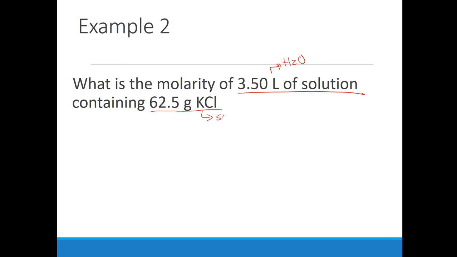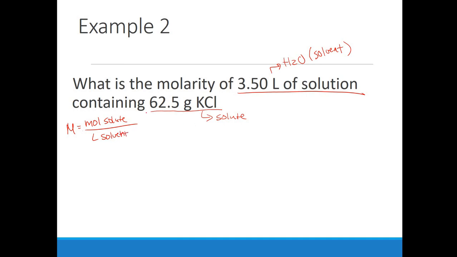So we know that this is going to be our solute, because it doesn't give us the other part of the solution. Again, we assume water, because water is always our solvent. If we remember, our formula is moles of solute over liters of our solution.